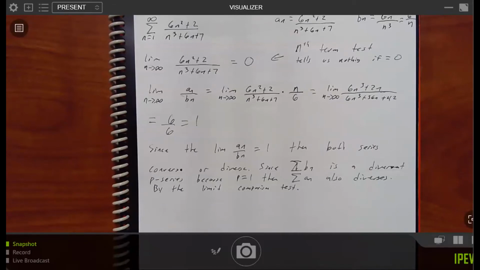Number 16, all the answers for radius, so you don't have to test. 16 and 17, you don't need to test the endpoints. 18, you have to find the interval of convergence, which means you have to test the endpoints. Okay. So let's do the one with the endpoint.